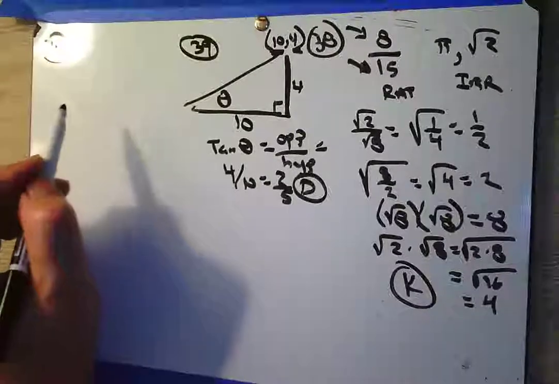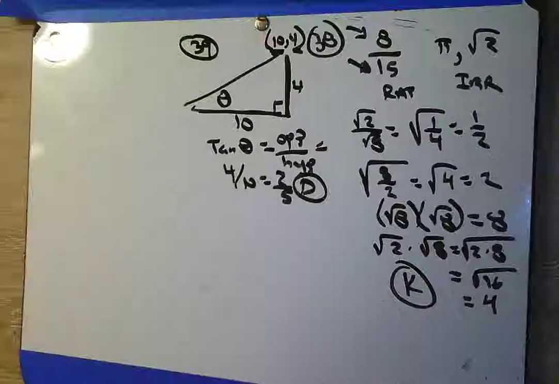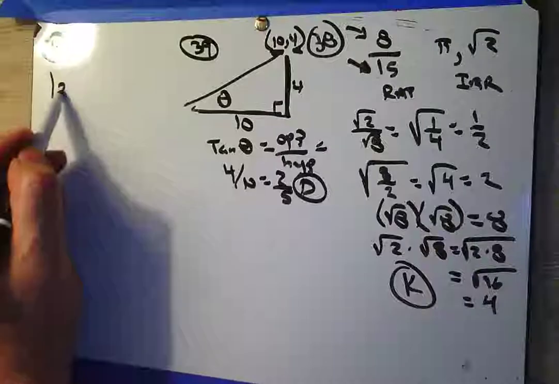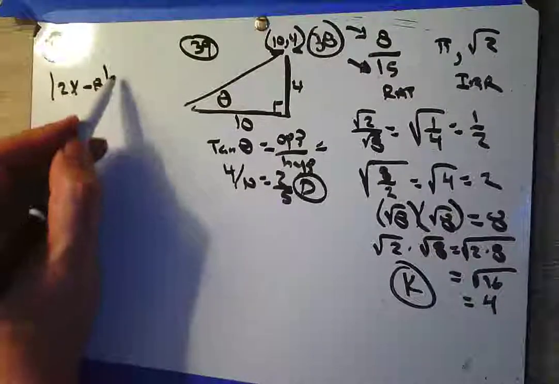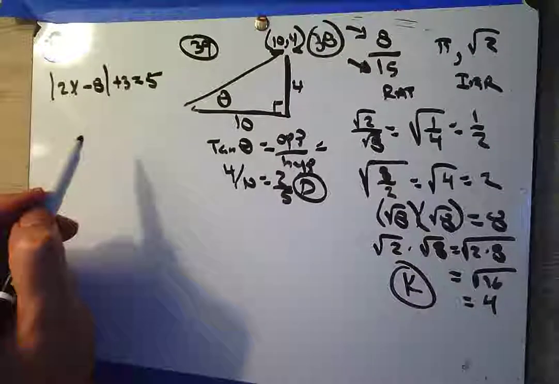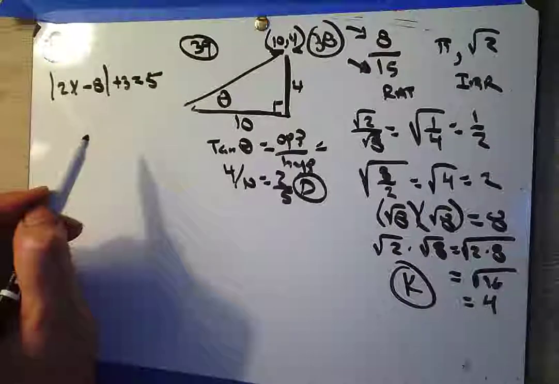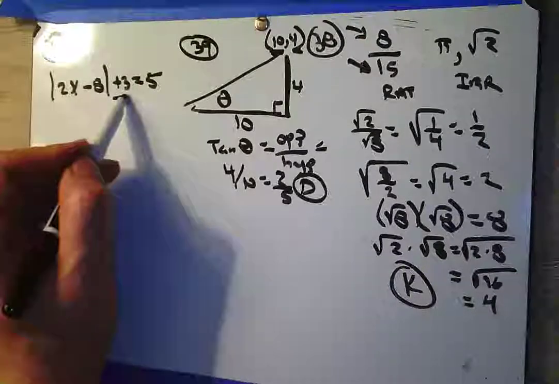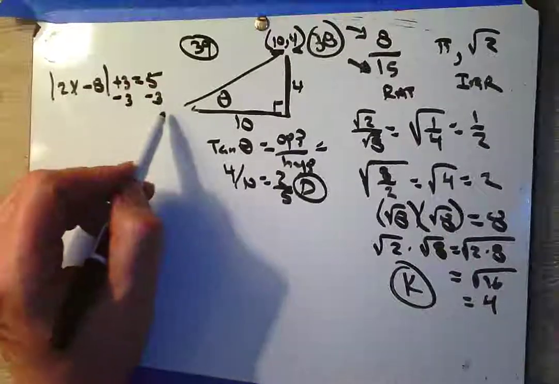40. 40 says the equation absolute 2x minus 8 plus 3 equals 5 has two solutions. Those solutions are equal to which of the following pairs below? Okay, well, first we need to isolate the absolute value.